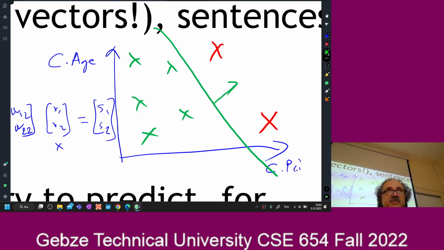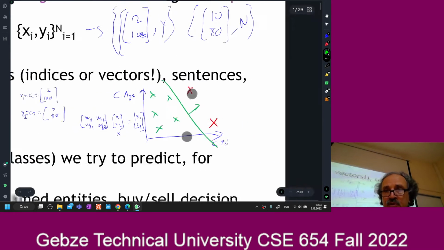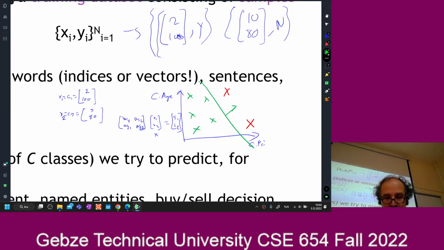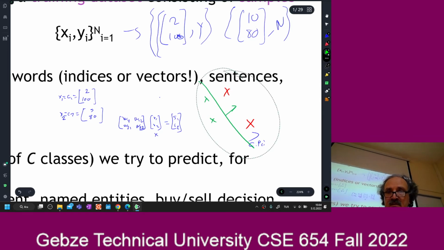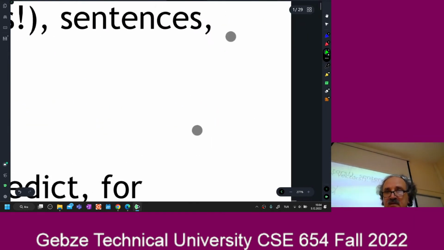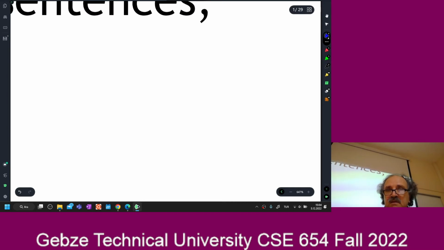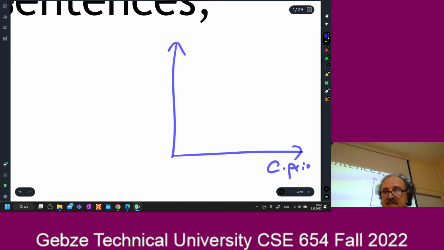If the price is too high, I don't buy that car because it's too expensive. Maybe I should redraw this. This is the car's price and this is the car's age.